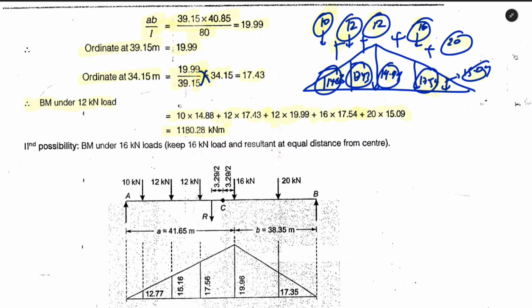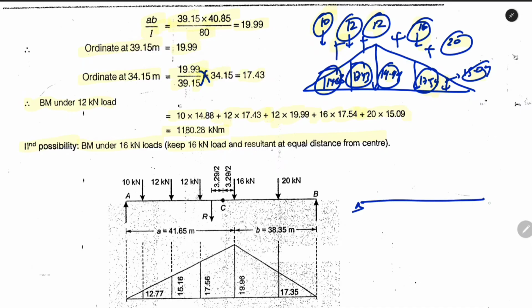Now possibility 2 is that we get the maximum bending moment under the 16 kilonewton point load because it is slightly larger than the 12 kilonewton load. So for the bending moment under the 16 kilonewton load, we keep the 16 kilonewton load and the resultant at equal distance from the center. The process is similar.